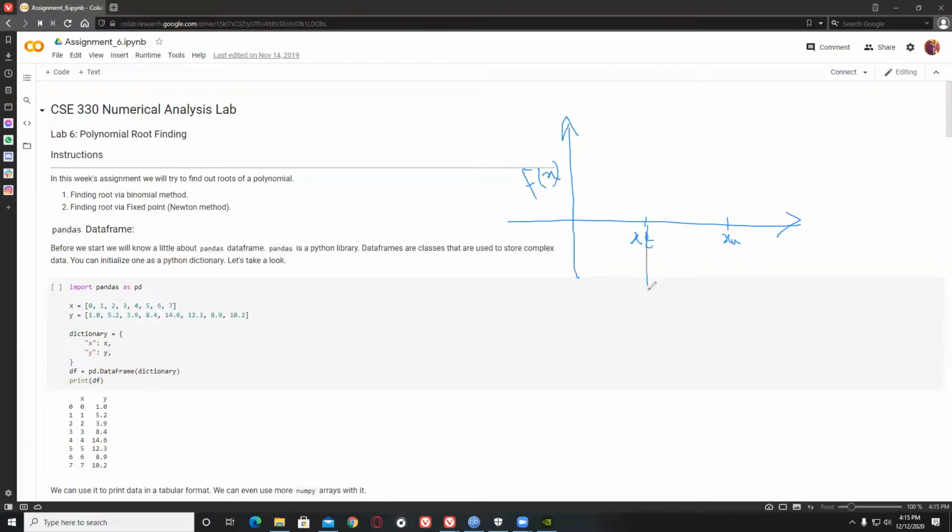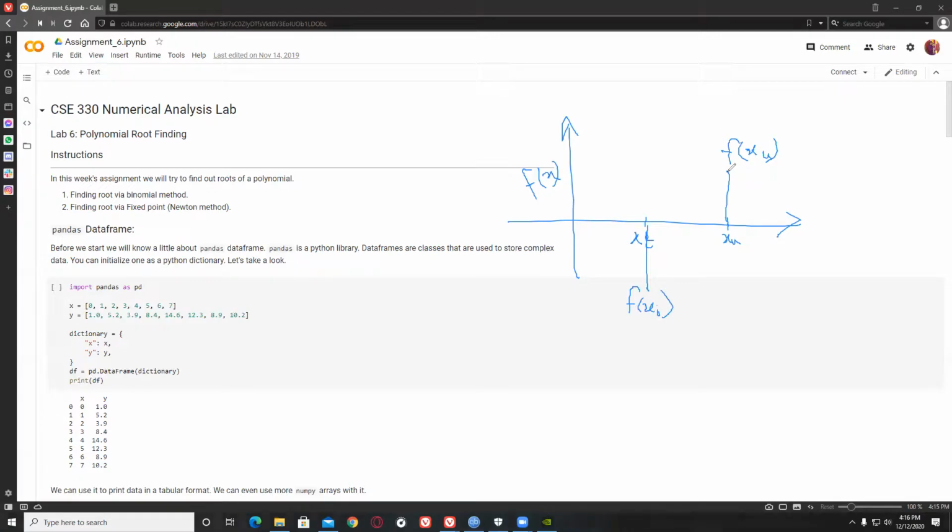For the 2 points, the multiplication of f of xl and f of xu gives us a negative result. So that means that they are on the opposite sides of the x-axis.